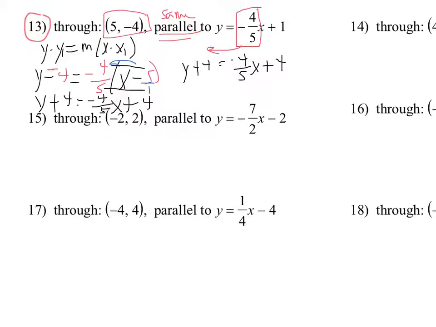So this is a plus, and now we make our last step by solving for y, which will give us y equals negative 4/5 x plus 0 if you like, but you don't have to write it. So that would be our form. Now that's a line parallel to another line.